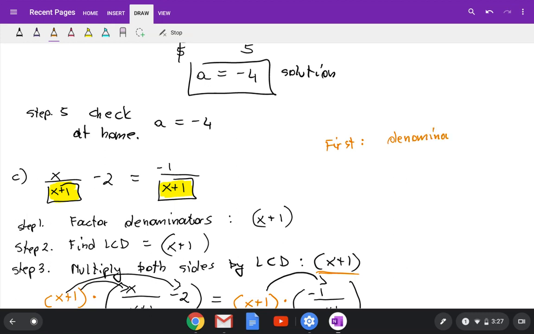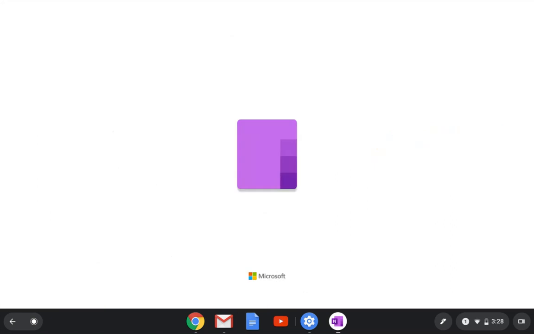That means in our case, x plus 1 cannot be 0, so x cannot be negative 1, which means the domain of the equation is all the numbers except x.